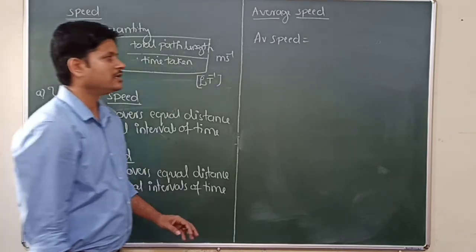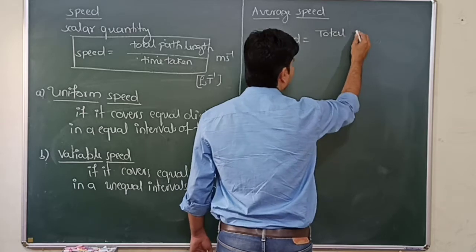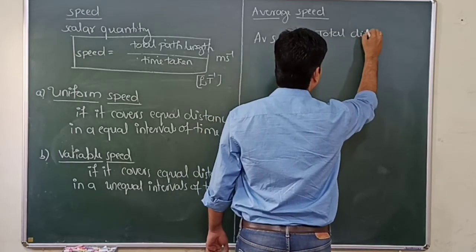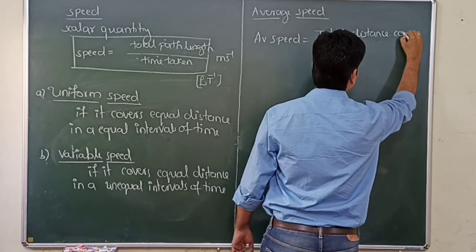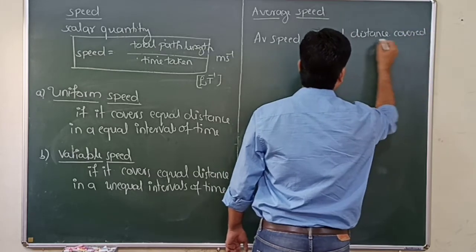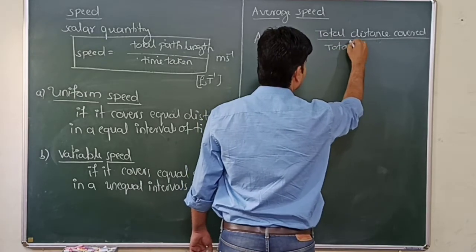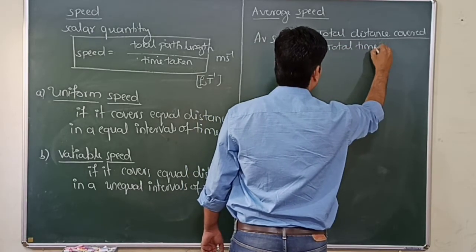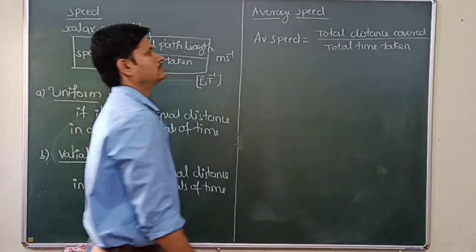Average speed is the total distance covered divided by total time taken.